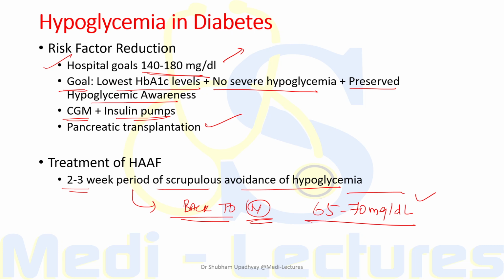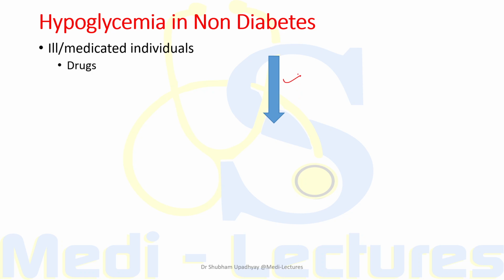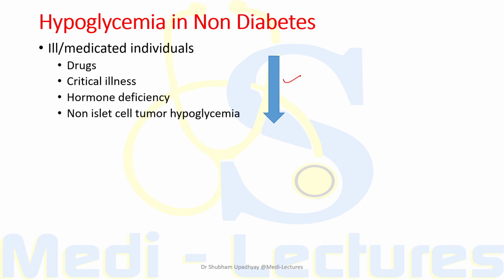After we have discussed hypoglycemia and diabetes, let's come on to the discussion of hypoglycemia in non-diabetic individuals. So in ill or medicated individuals, the initial diagnostic focus in descending order of importance should be first on drugs which cause hypoglycemia, then critical illnesses, hormone deficiency, then followed by non-islet cell tumor causing hypoglycemia.